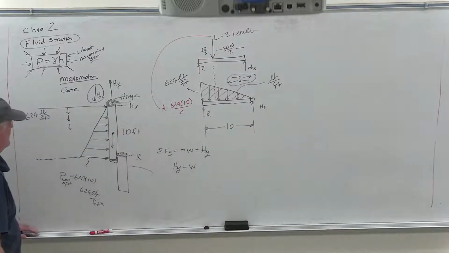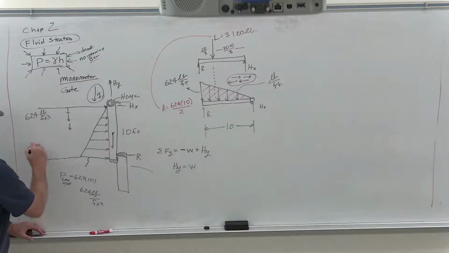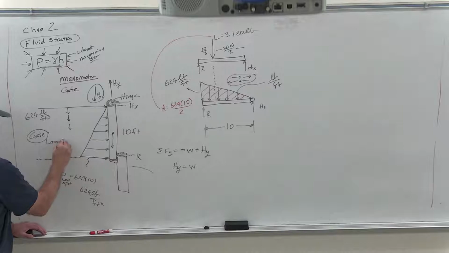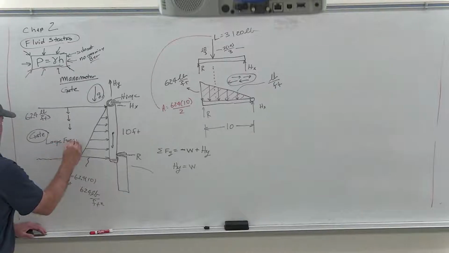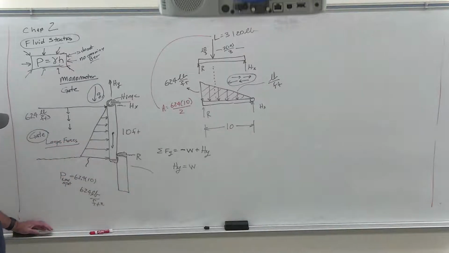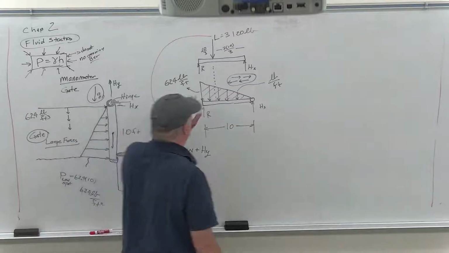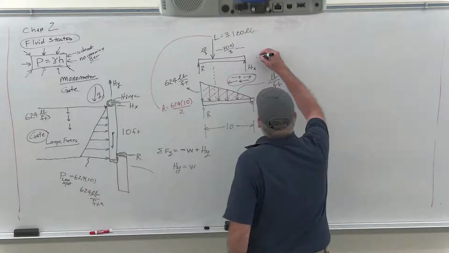Usually one of the things you'll find out is these static gate problems will sometimes give you really large forces. That's a lot of force, actually. So now all you're doing is a statics problem.